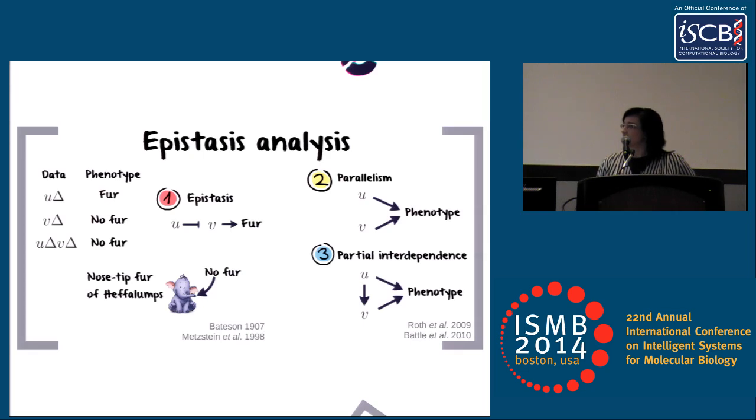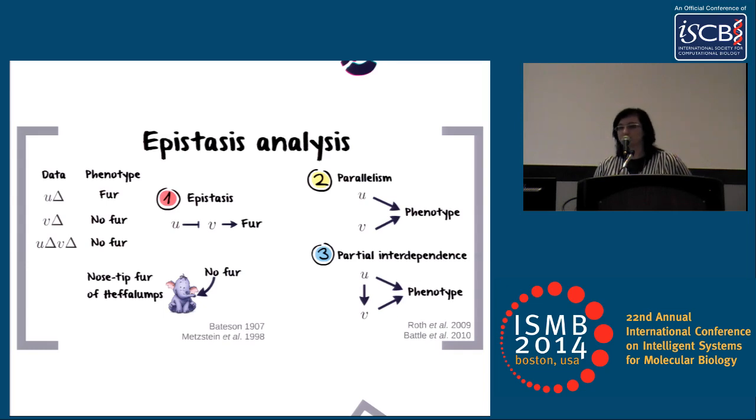The mutation in gene U results in the phenotype which is shown as fur on the nose tip of Heffalumps. The second data point that we have is that mutation in gene V results in no fur on the nose tip of the elephant. And the double mutant also results in no fur.